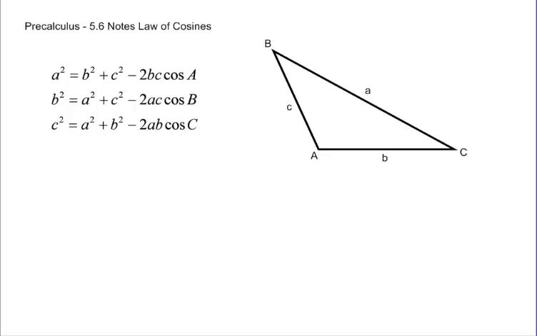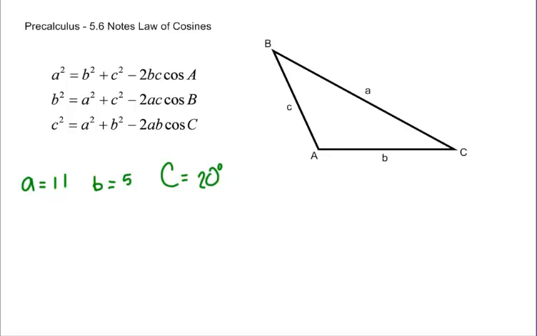Let's say that we're given something where a is equal to 11, b is equal to 5, and big C is equal to 20 degrees.